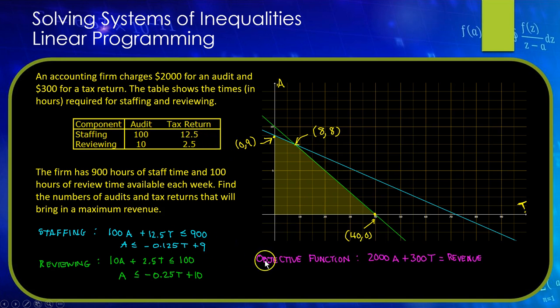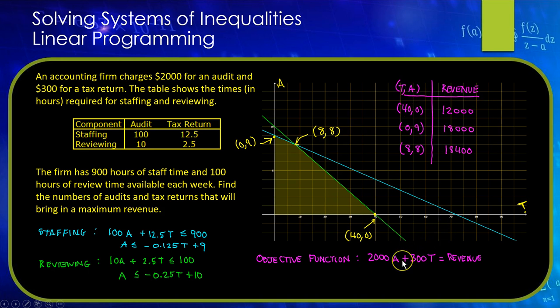My objective function is, of course, the revenue. We mentioned the revenue before, but that's the objective function. That's what I'm going to use to figure out which of these ordered pairs is going to give me my maximum revenue. With ordered pairs T comma A, I would plug in 40, 0: 40 for T, 0 for A, and I would get $12,000 in revenue.